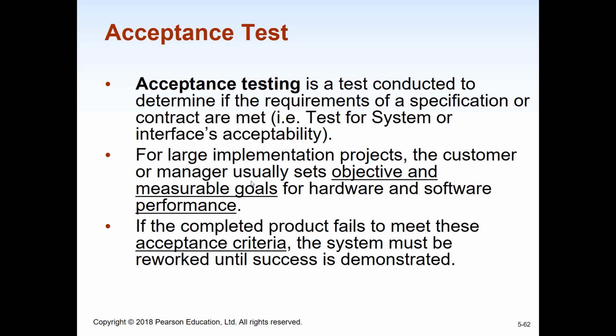So for large implementation projects, the customer or manager usually sets objective and measurable goals for hardware and software performance. If the completed product fails to meet these acceptance criteria, these set requirements or specifications, the system must be reworked until success is demonstrated.